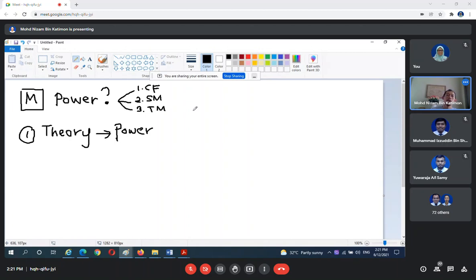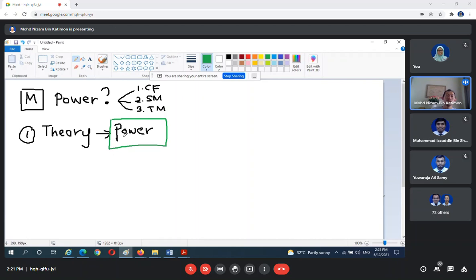You need power. So first thing, each group needs to find the theory to calculate the power based on their project.